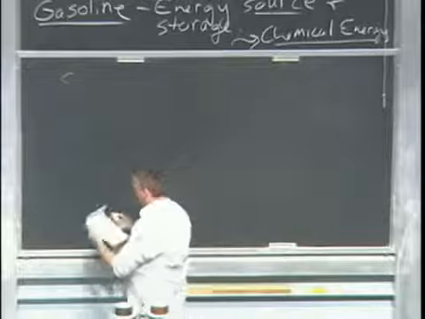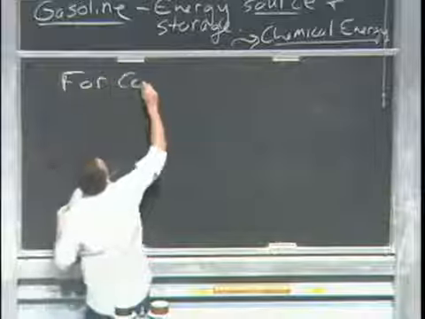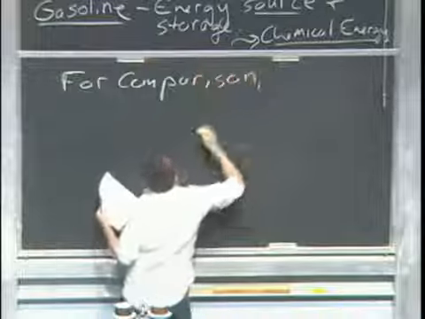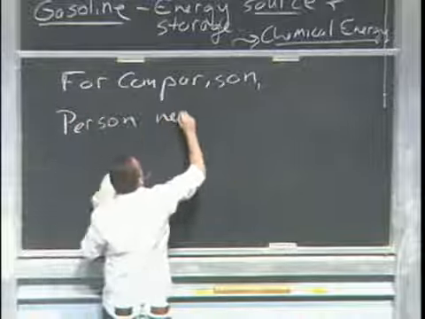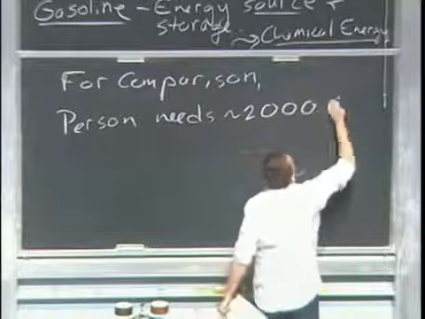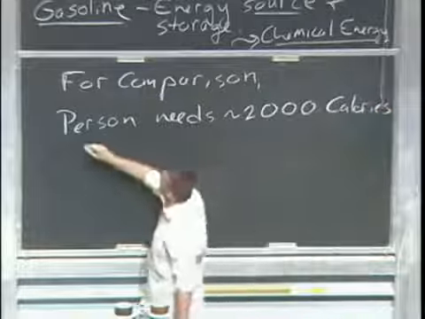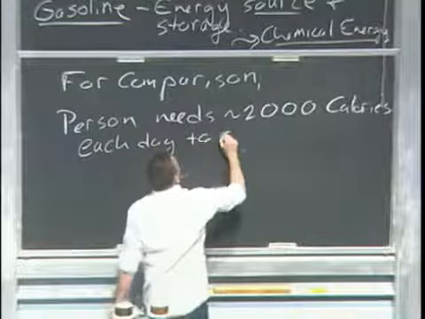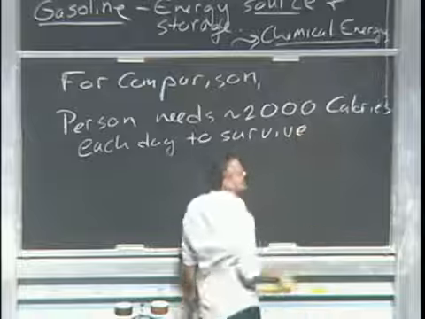Okay, so for comparison, a person needs on the order of 2,000 calories each day to survive. Some people need more, some people need less, but that's the right scale.